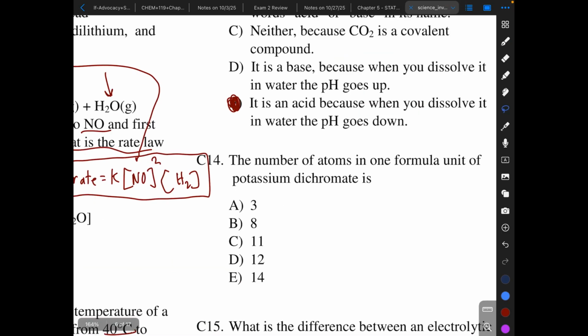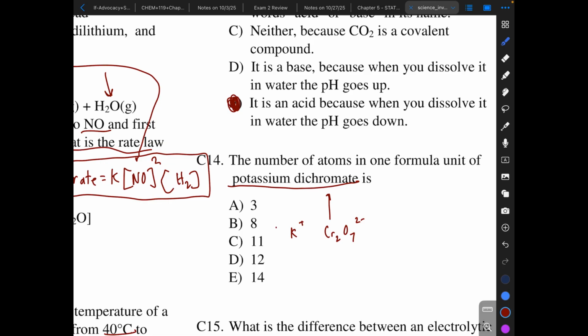For number 14, we're asked to find the number of atoms in one formula unit of potassium dichromate. So this one is really just about, do you know what dichromate is? If you don't, dichromate is Cr2O7 with a negative 2 charge. Potassium is K with a positive 1 charge.